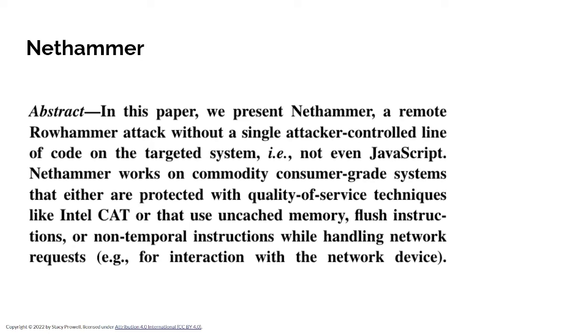I think this is amazing. NetHammer works on commodity consumer-grade systems that either are protected with quality of service techniques or that use uncached memory, flush instructions, or non-temporal instructions while handling network requests. Sometimes the network card wants to talk directly to memory to do its work, and when that happens, maybe I can use the network card to achieve the same effect.